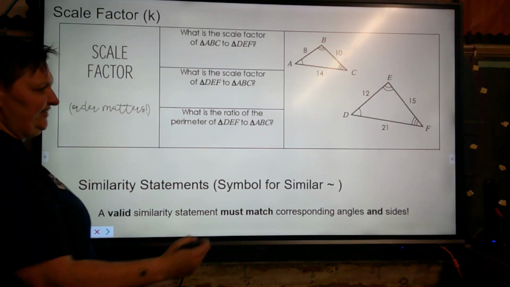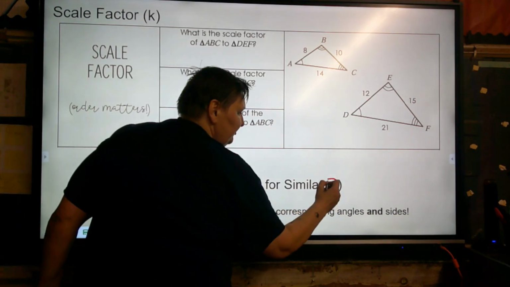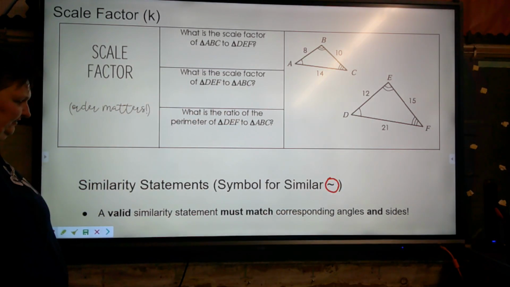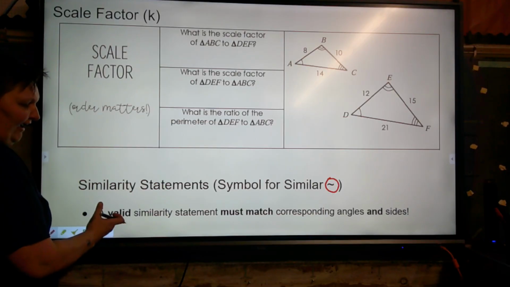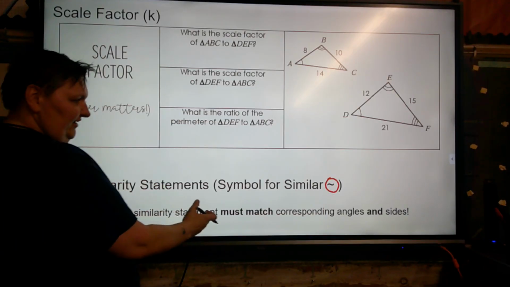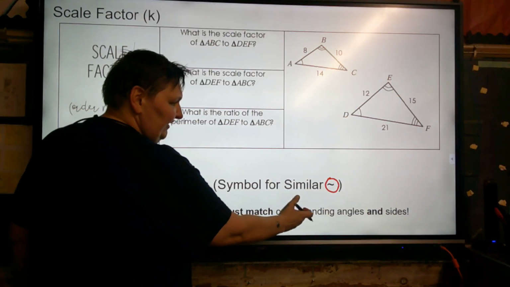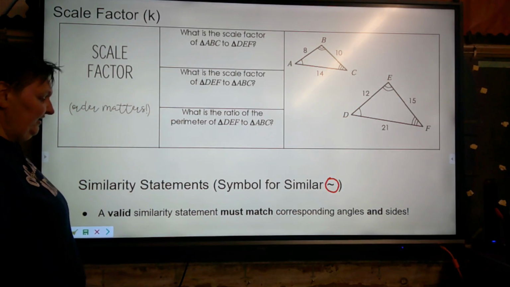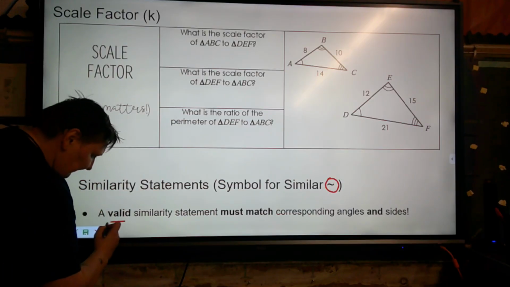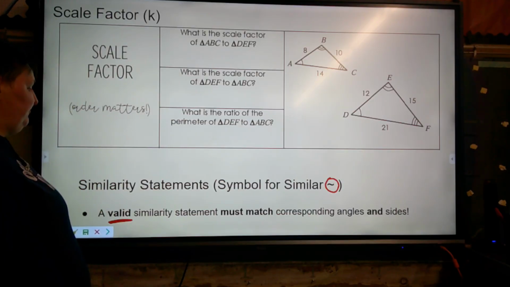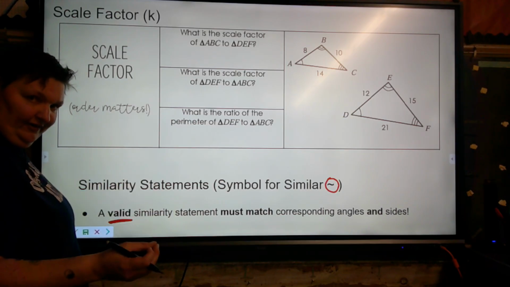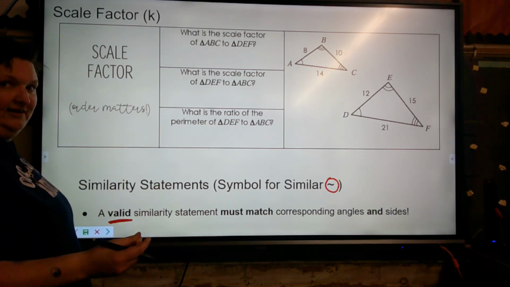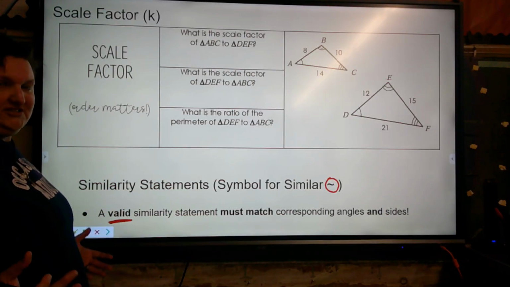And how do you write that? This is the symbol you use for similar. If it is a valid similarity statement, it must match the corresponding angles and the sides. In order to be considered a similar figure or a similar polygon, it has to match that criteria.